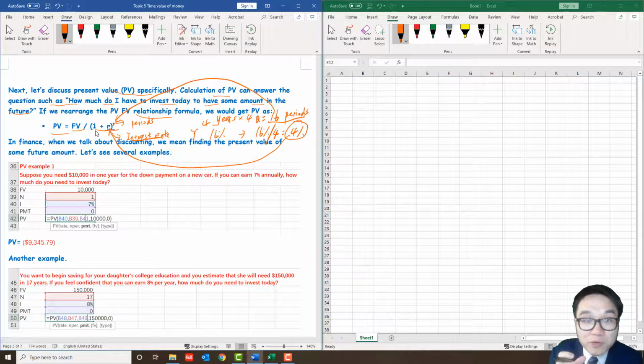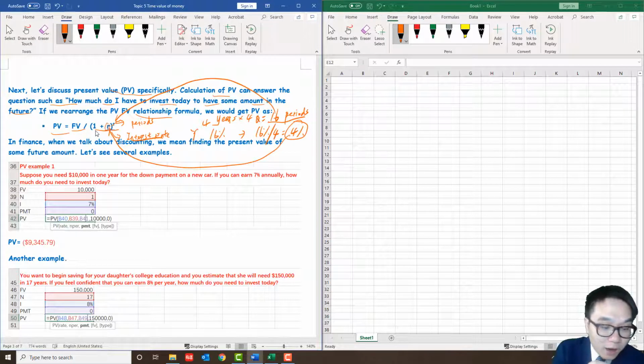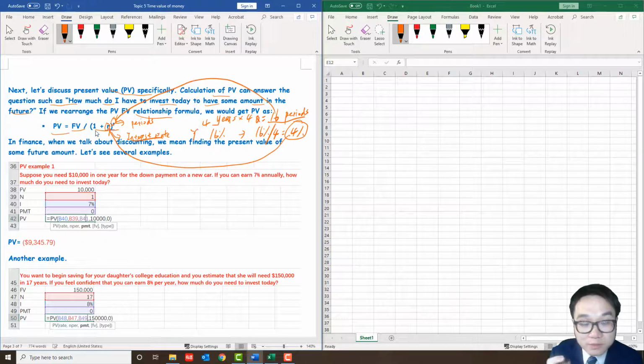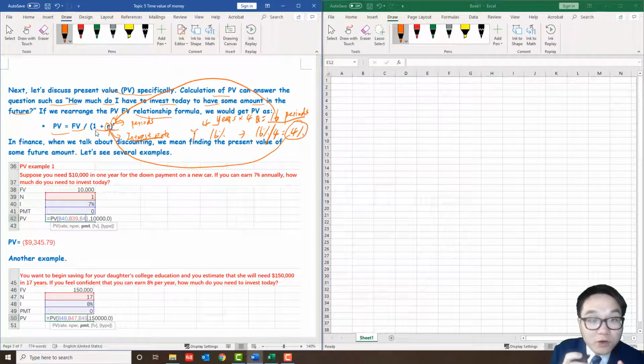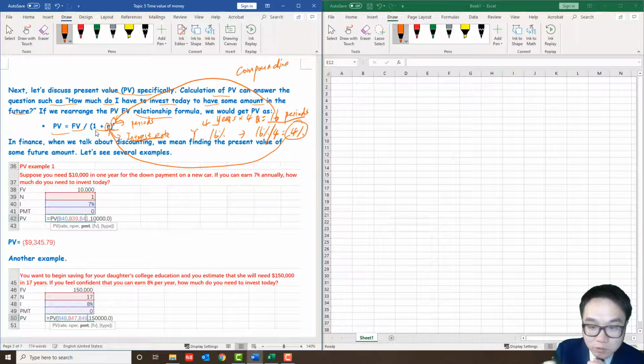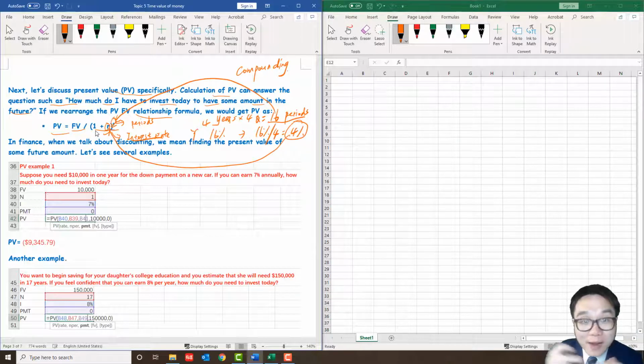If you're talking about quarterly compounding, then both R and T need to be in the quarter format. If we are talking about yearly compounding, then both R and T need to be in the year format. They need to match. They need to be consistent.